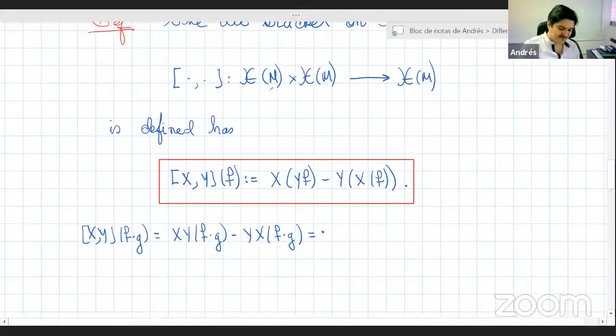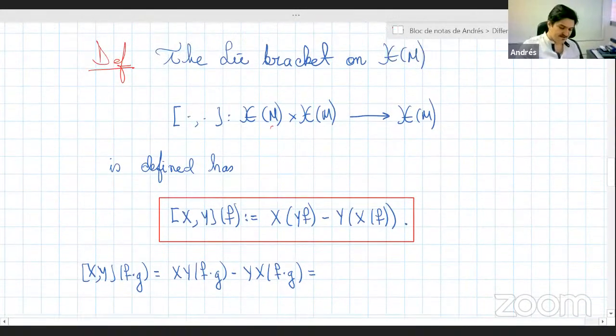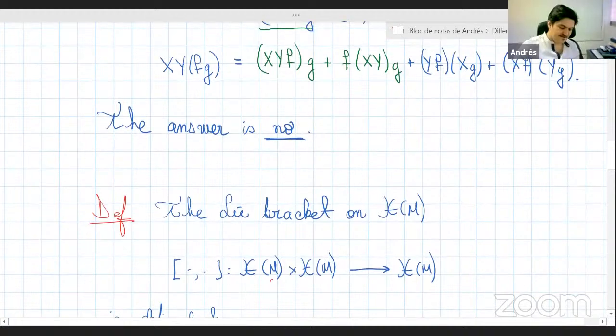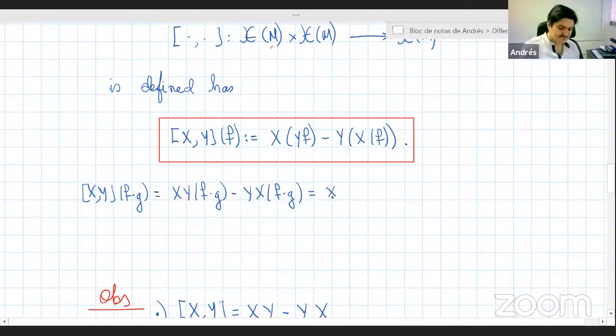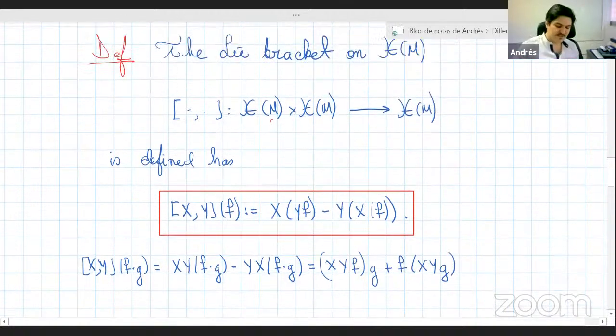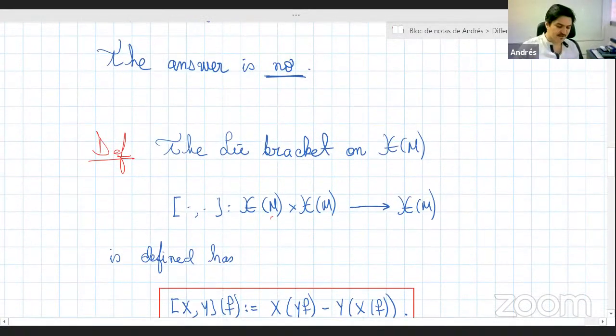So basically the first part is the Leibniz rule, X, Y. This is the first part, let's see.